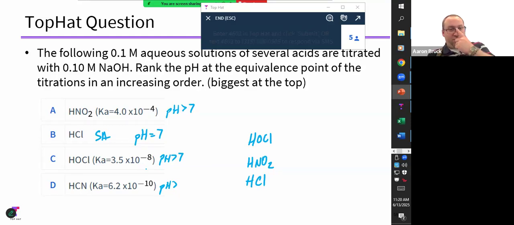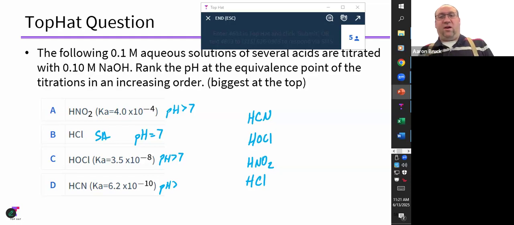Its hypochlorite ion is actually a better base than water, than hydroxide. And then hydrocyanic acid, HCN, would be the weakest of the acids, which means the cyanide ion is actually the strongest of those conjugates. And so that would be the correct order: hydrocyanic acid on the top, hydrochloric acid on the bottom, and hypochlorous and nitrous in between.